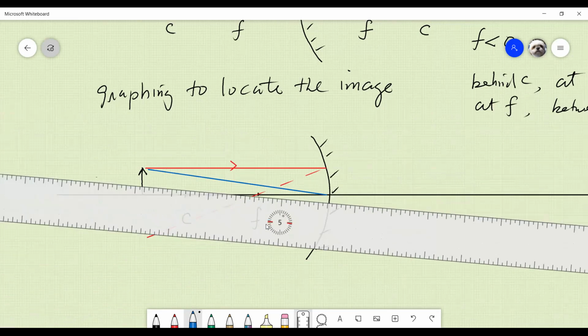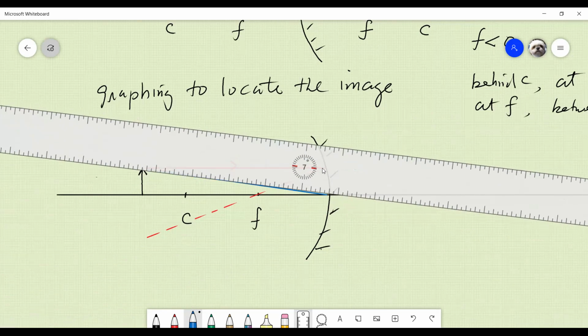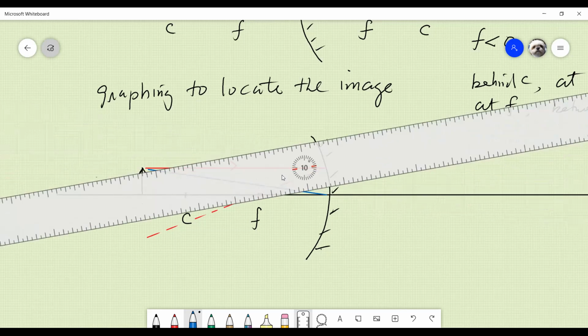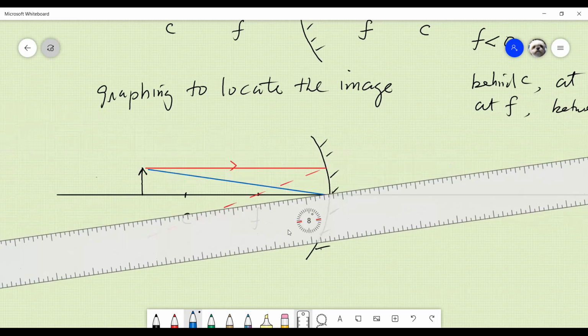Now let me measure this angle here with this ruler. What angle? 80 degrees. So when it reflects back from the vertex, it should be 80 degrees too.